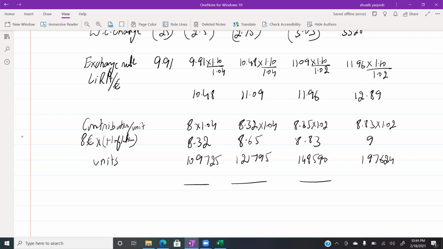Okay, now calculate the contribution. Directly calculate the after tax contribution by multiplying the units into contribution per unit and into after tax value.